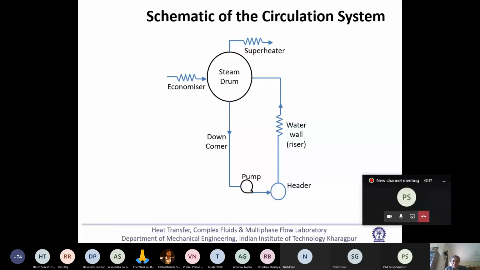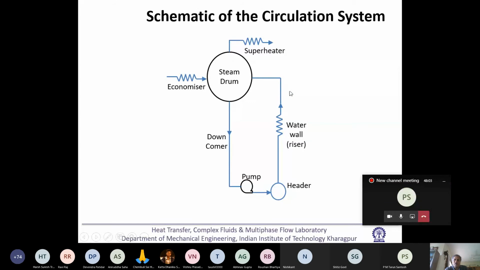There are several reasons why we do it, but we never want the boiler tubes to run dry. If the section is full of steam, then it is dry, and that leads to tube failure. Tube failure is a very common term in the case of boilers.